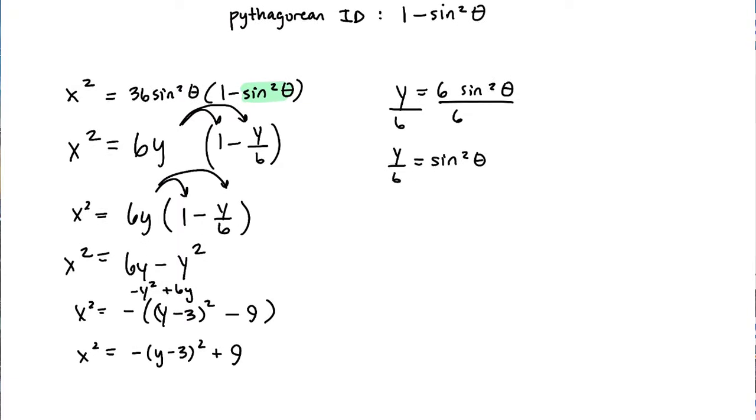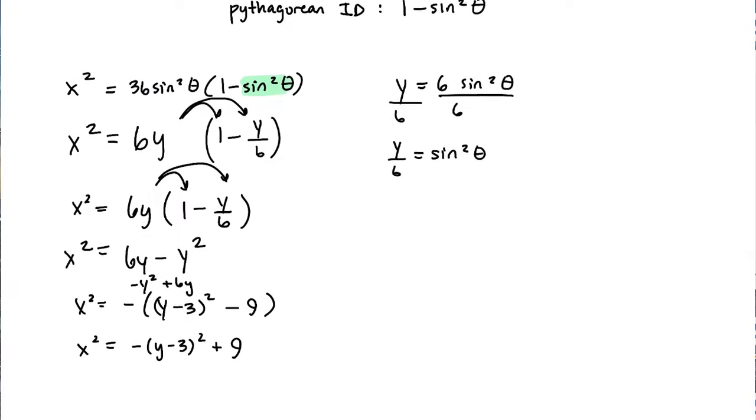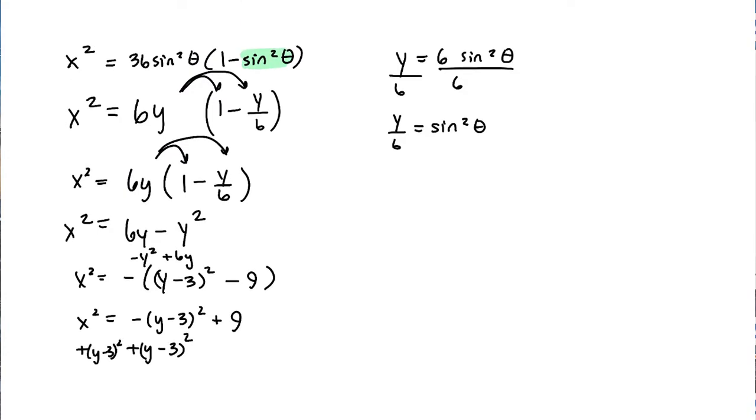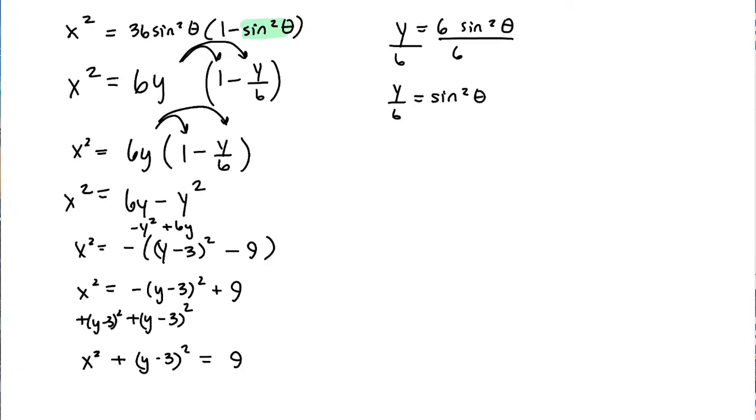So using my completing the squares skills, if I add the y minus 3 squared to both sides, I get x squared plus y minus 3 squared equals 9. So this looks like it's going to be a circle with center 0, 3 and radius 3.